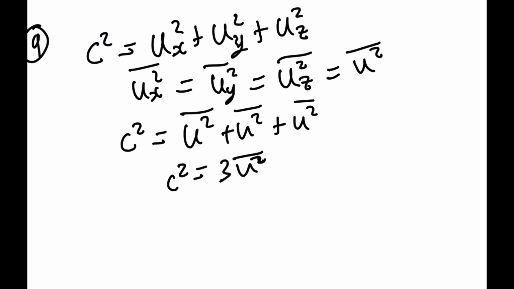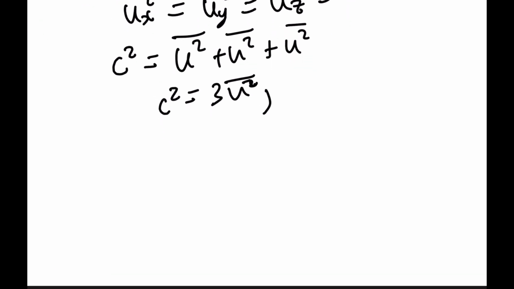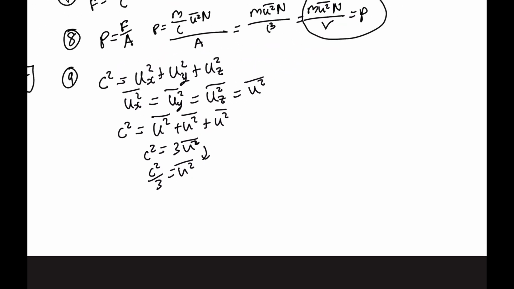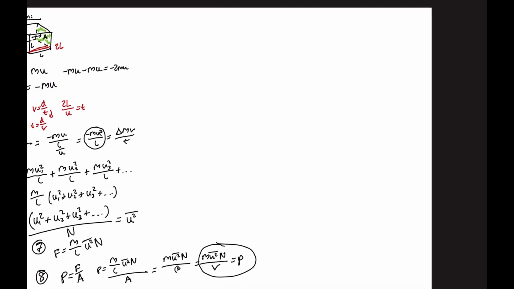So now we have a good equation, and c squared over 3 is equal to u bar squared.